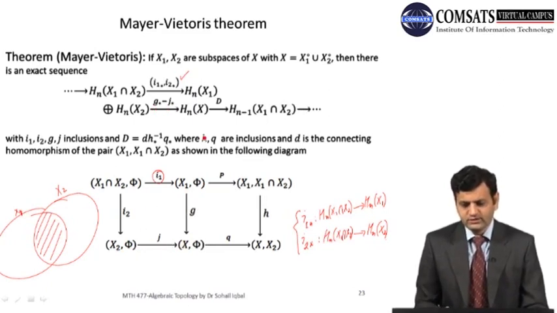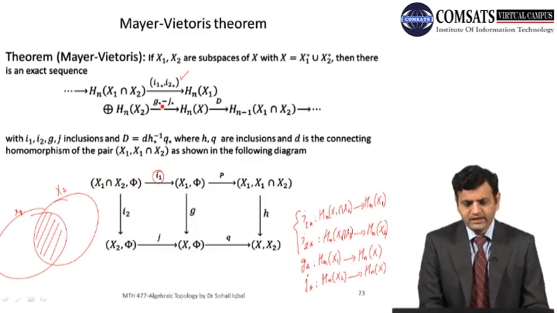So we have G star from Hn X1 to Hn X, and J star will be mapped from Hn X2 to Hn X. Okay, so apply G star on the elements of Hn X1 and apply J star on the elements of Hn X2, and when we apply these maps on these two elements, then we get the elements of Hn X.